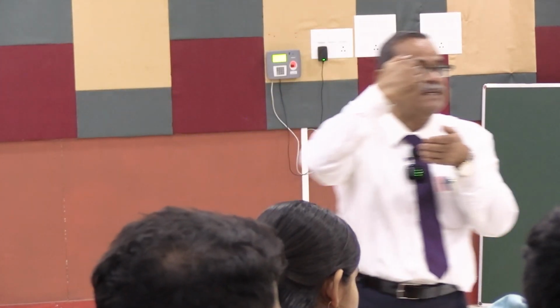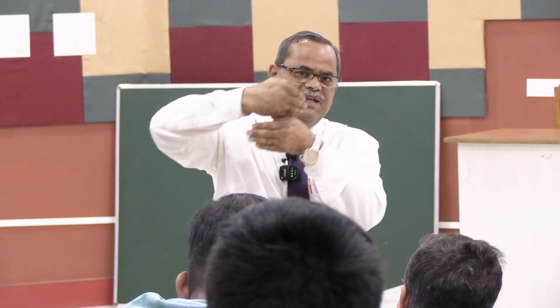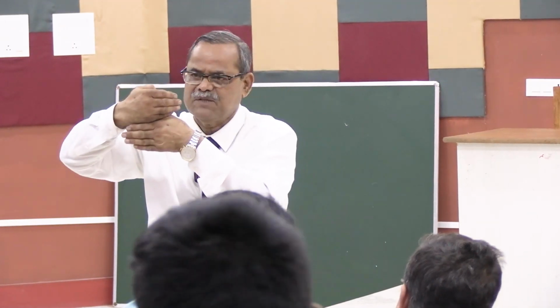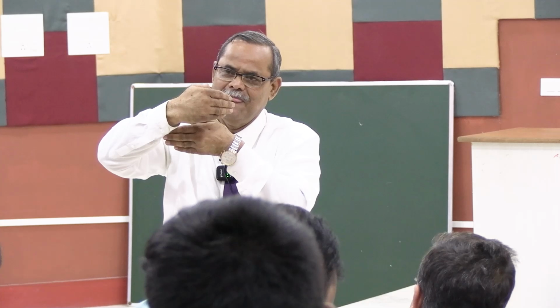Now, suppose the infundibular part is not attaching to the membranous part. The infundibular part is here, but it is not attaching to the membranous part; it is shifting to the right. What will happen?